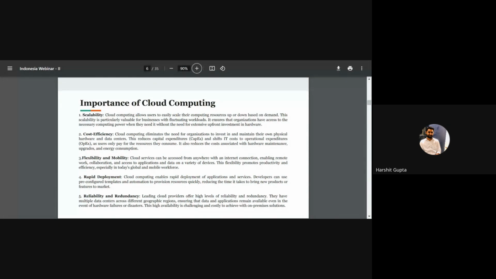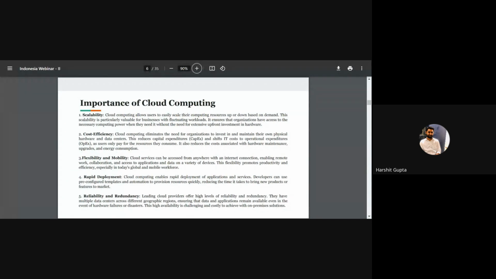You can scale up or scale down your requirements at any time. This is a very good characteristic of cloud computing, which reduces the upfront investment in hardware in any organization or company.